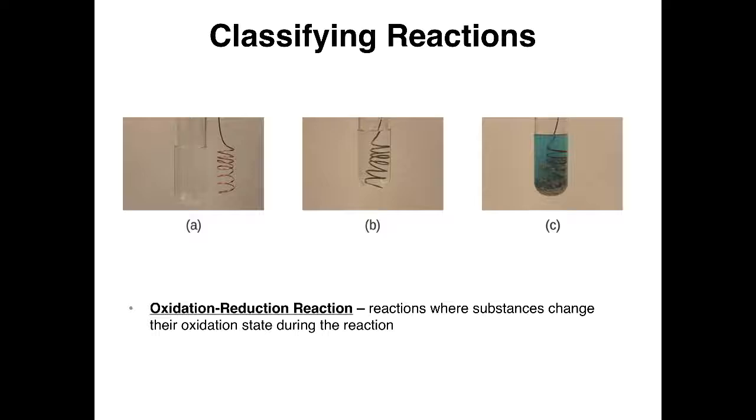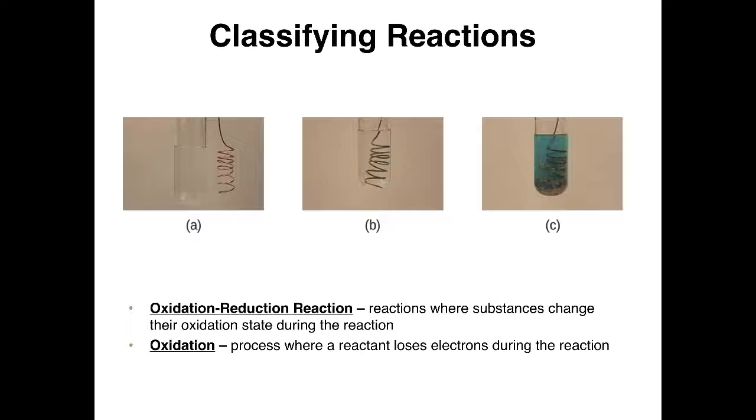Now, another type of reaction is something known as an oxidation-reduction reaction. An oxidation-reduction reaction occurs when there's a change in the oxidation state of one or more of the reactants. There is always an oxidation and a reduction. When oxidation occurs, the reactant loses electrons during the reaction.